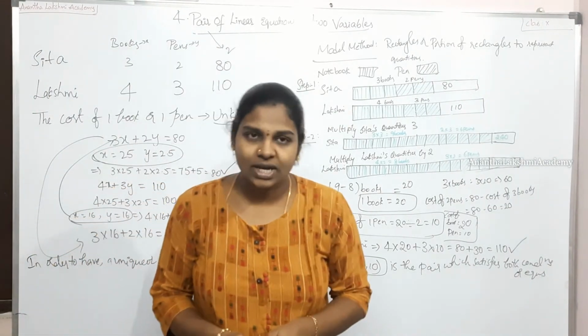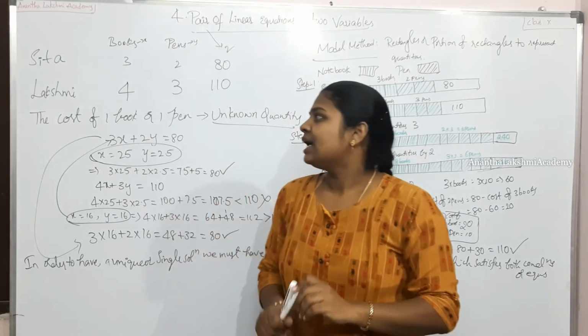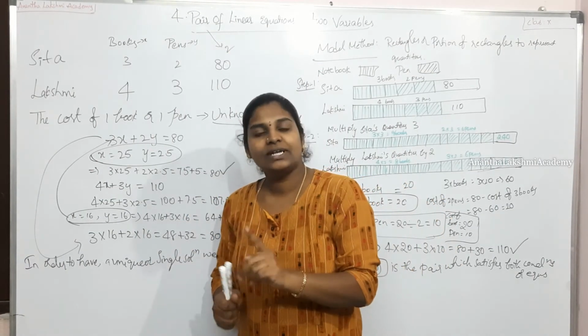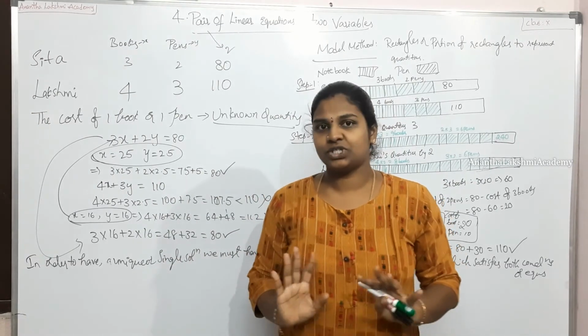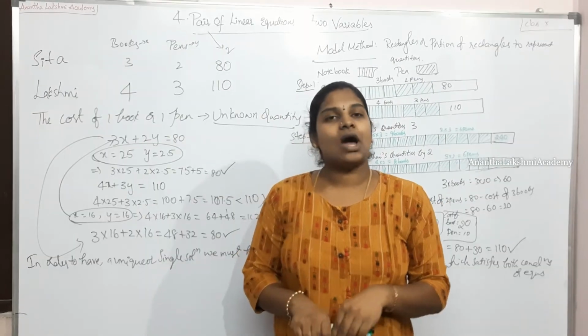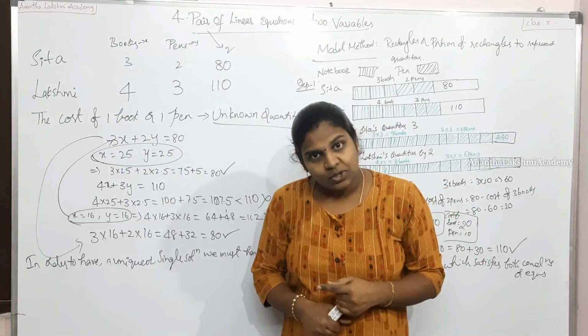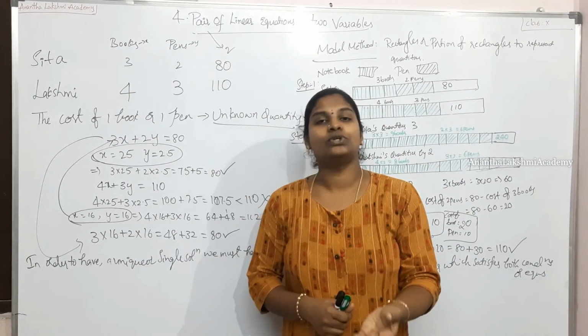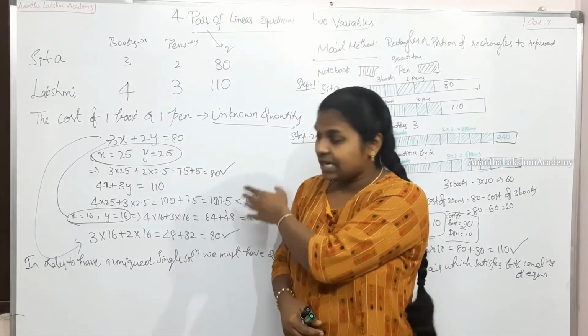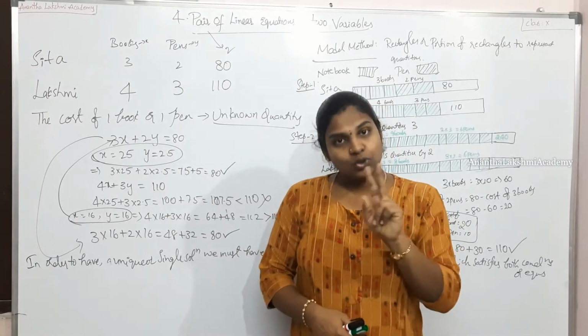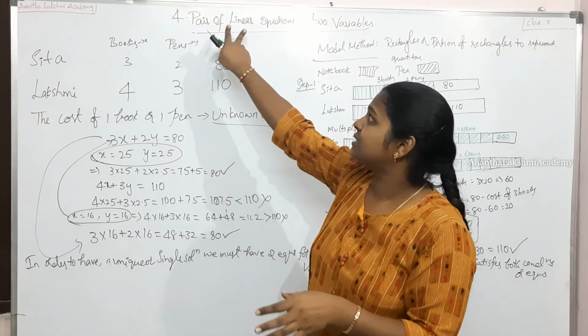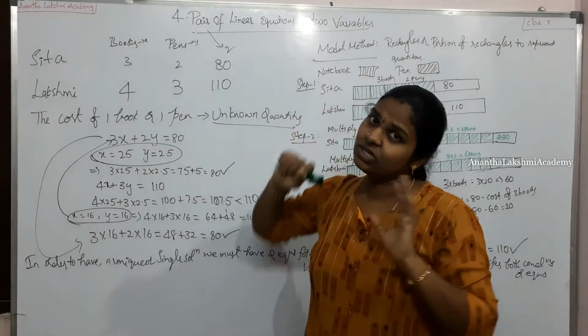In order to figure them out, if you have just one equation with two variables, you will end up having multiple solutions. In order to get a unique solution, we thought if we have two variables, we need to have two equations. That is what our title says, pair of linear equations in two variables.